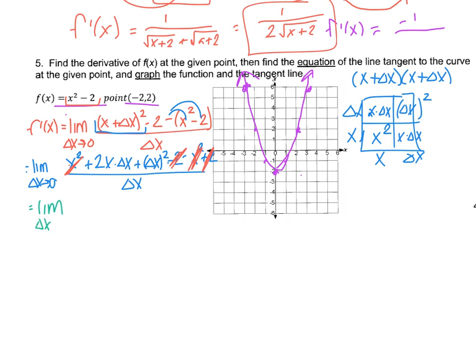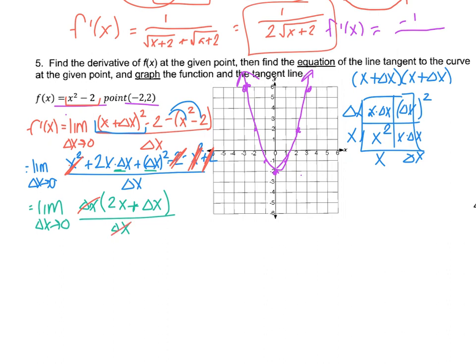Delta x approaches 0. All right, so I'm going to factor this delta x out of the numerator, and I'm left with 2x plus a single delta x all over delta x. It's not pretty, but the process simplifies it so that we can cancel out those delta x's now.